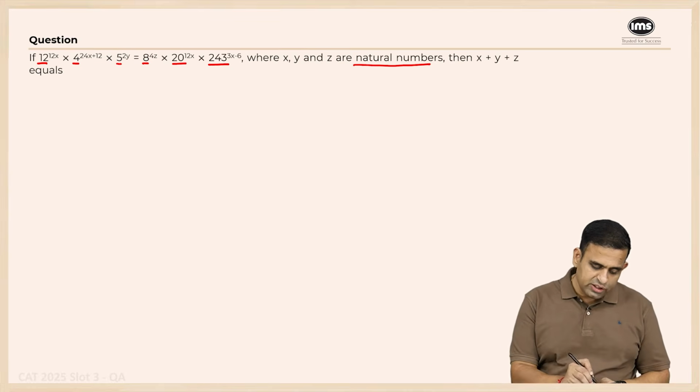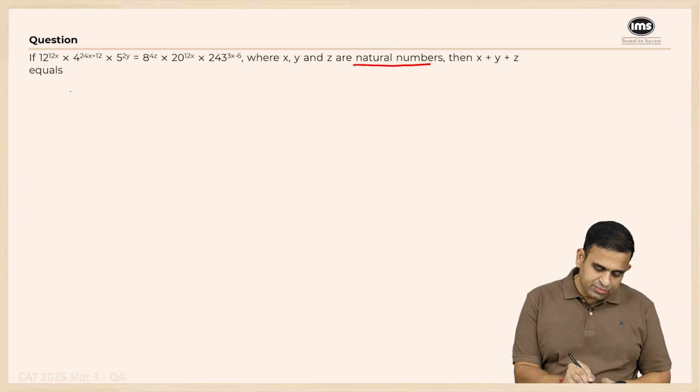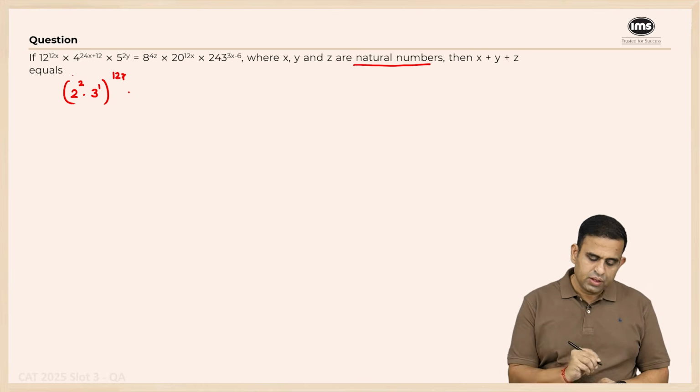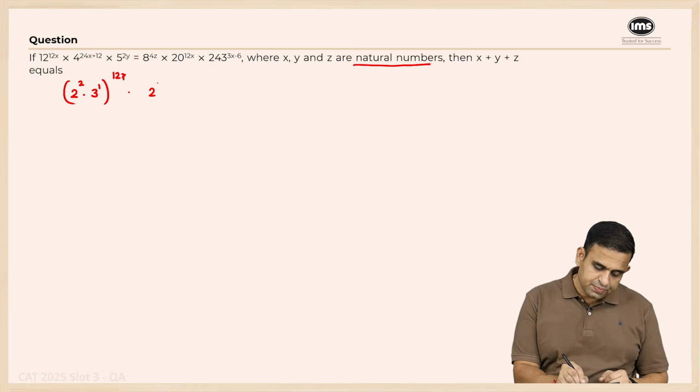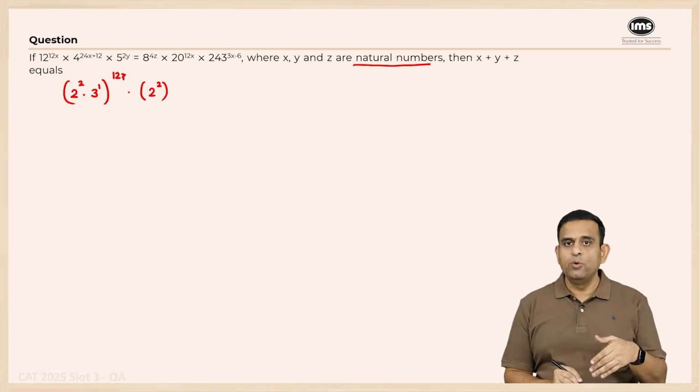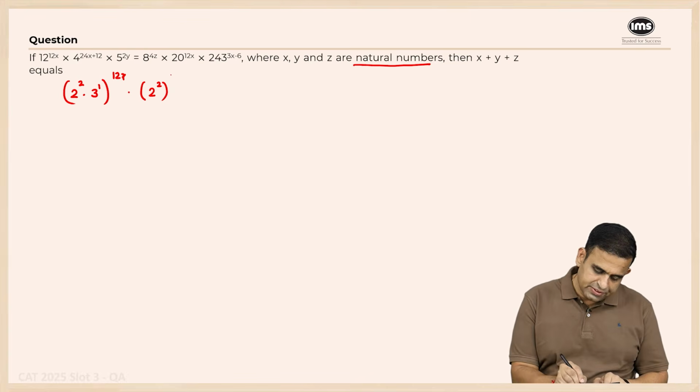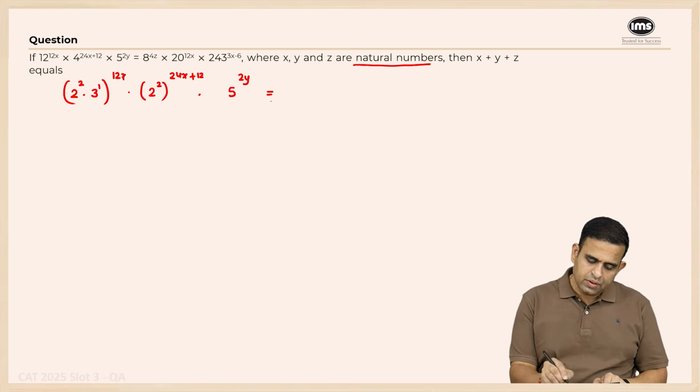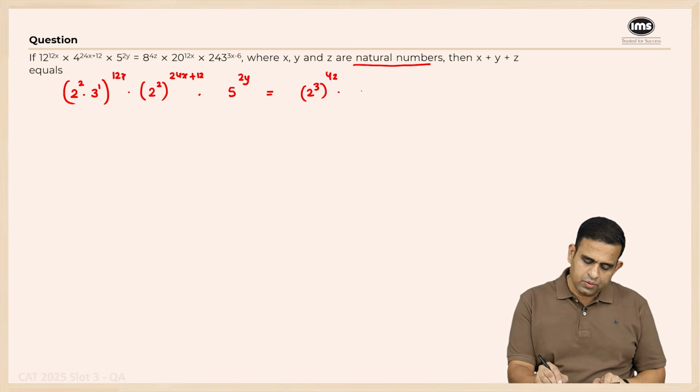So over here, the number 12, first of all, is 2 square into 3. The number 4 is 2 square. And then we can use a simple law of indices. Eight is 2 cube. 20, as I told you, is 2 square into 5.